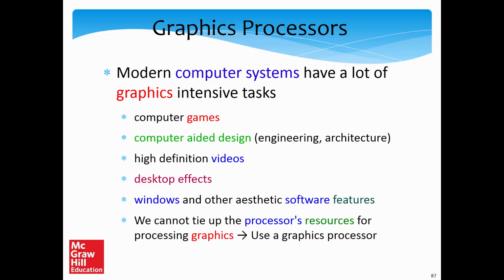If you disable your graphics processor, you'll certainly find that the desktop experience is very jittery and slow and doesn't look good. So all the aesthetic software features in games, videos, everything has been contributed to us by graphics processors.